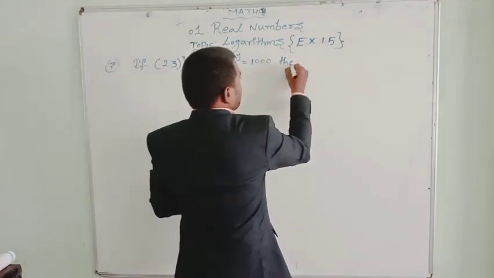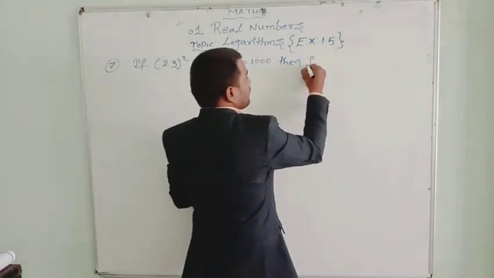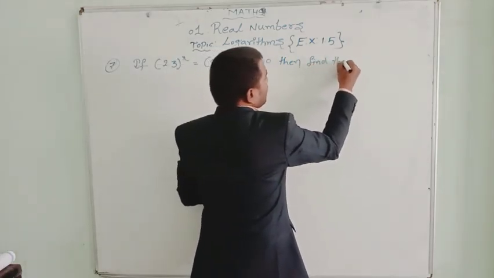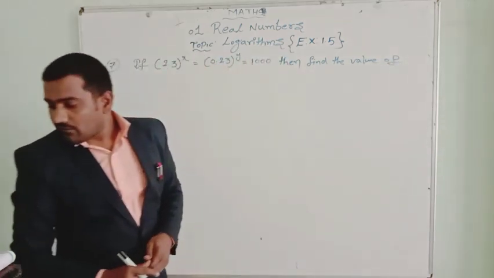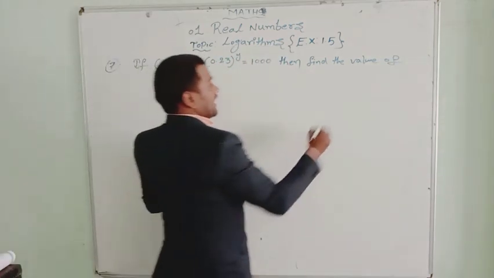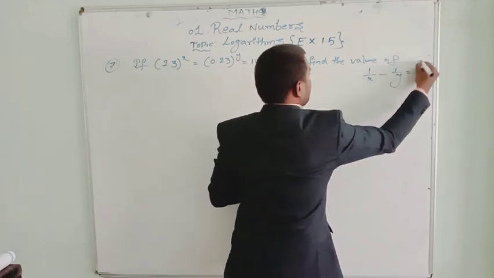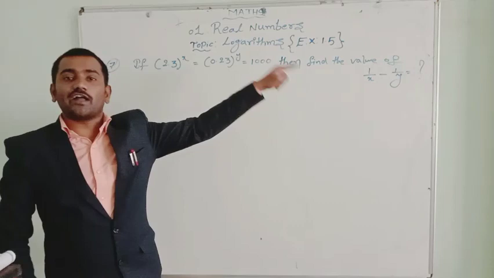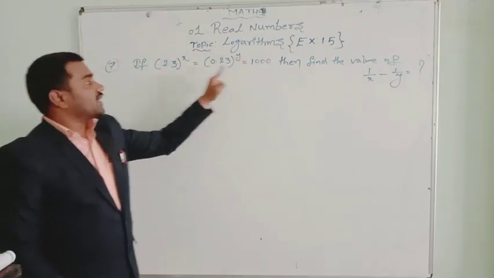Then we need to find the value of 1 by x minus 1 by y. Let's find out the values of 1 by x and 1 by y from the given information here.